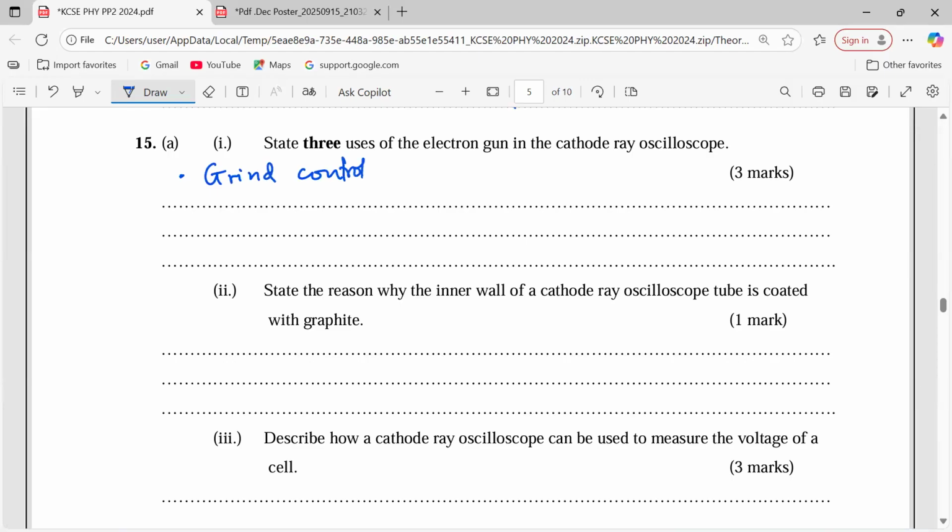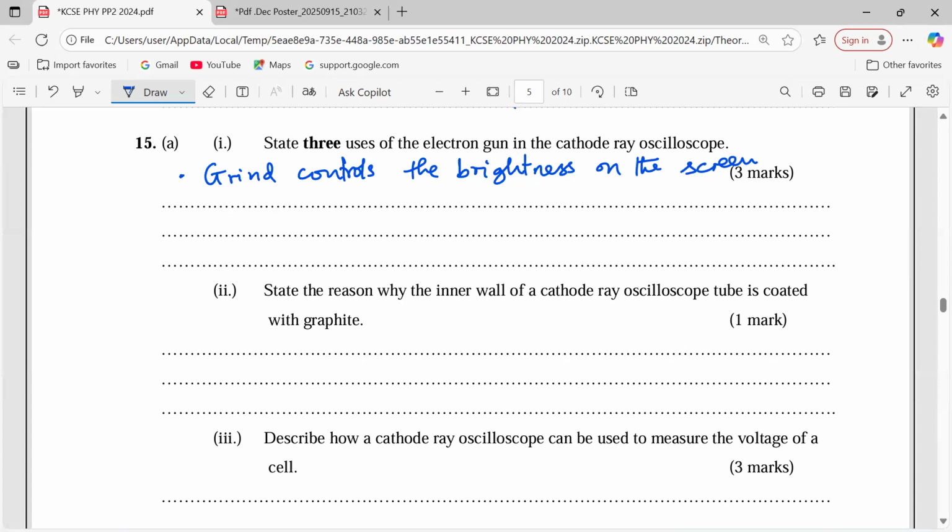So in the electron gun, the grid controls, I'm just trying to be more specific, you can go direct to the role and say that the electron gun controls the brightness on the screen. This is a simpler way of saying that it controls the intensity of the electron beam that strikes the screen.